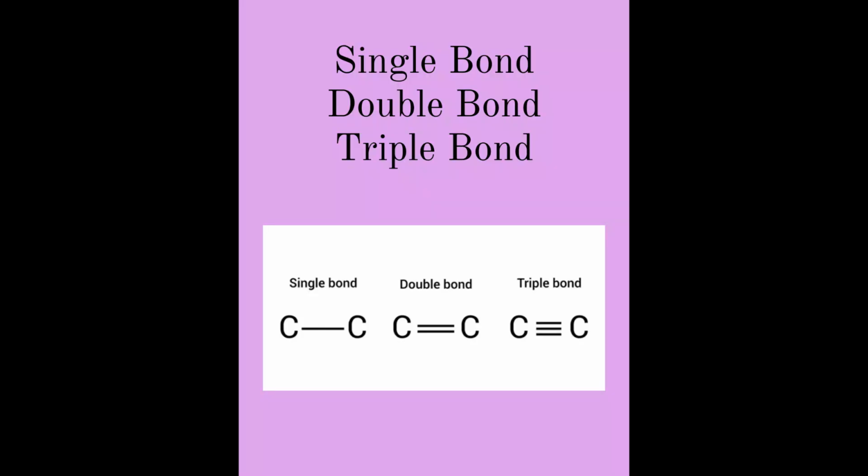Now, atoms of the same element can form 1, 2 and at the most 3 bonds between the atoms of the same element. But 4 covalent bonds cannot be formed between the atoms of the same element. So carbon can form a single bond between carbon-carbon atoms. It can form a double bond between carbon-carbon atoms.